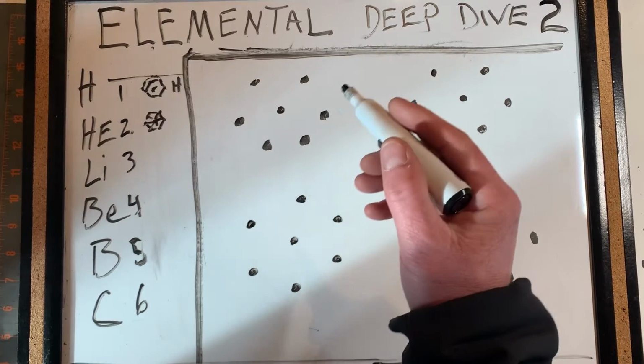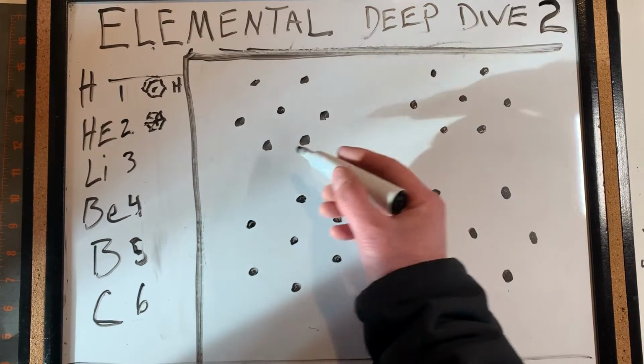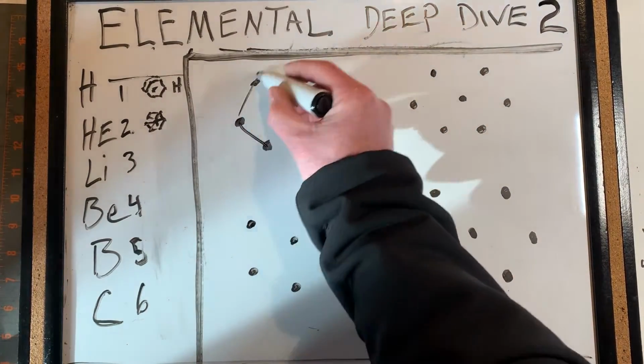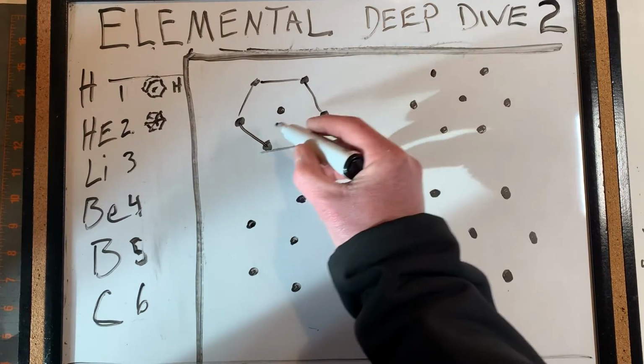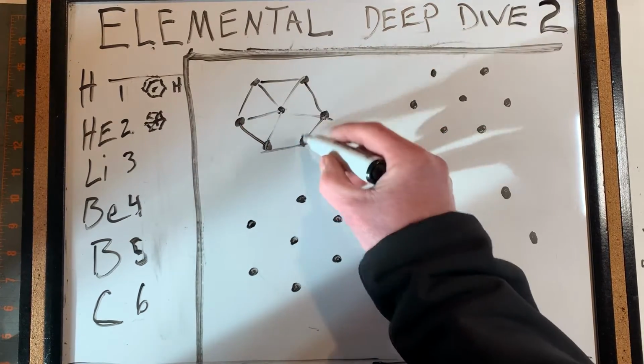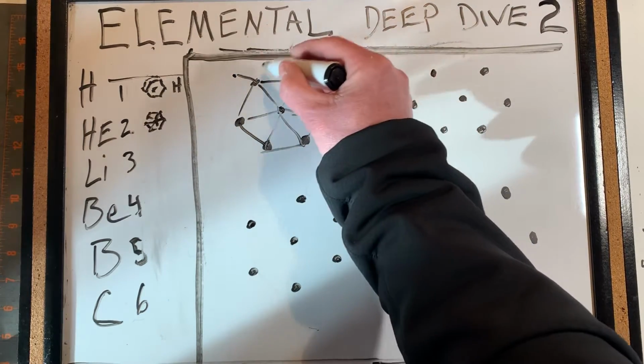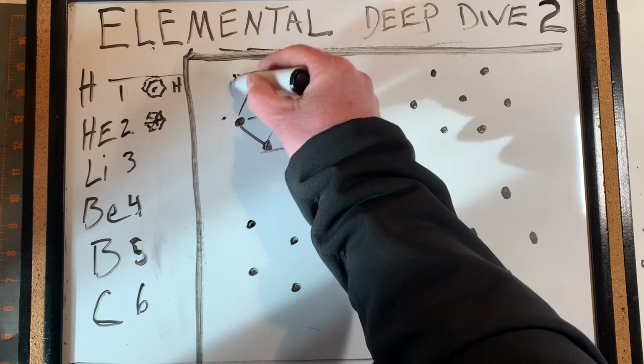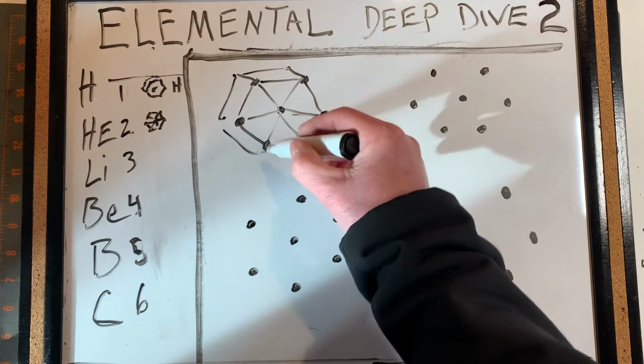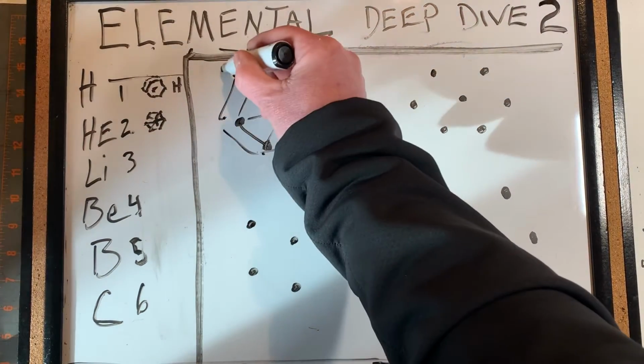But in hydrogen, it started to self-organize, a crystalline structure, and it started to build out this way and kept going.